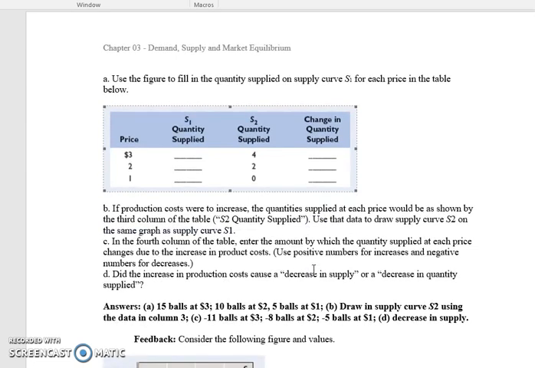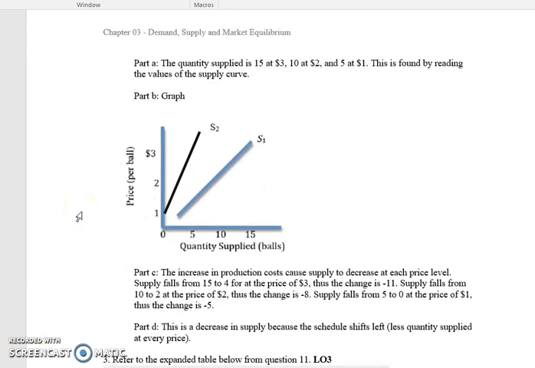Okay. Now let us go to part B. If the production costs were to increase, the quantity supplied at each price would be as shown by the third column of the table, S2 quantity supplied. Use the data to draw supply curve S2 on the same graph as supply curve S1. So we have done that.